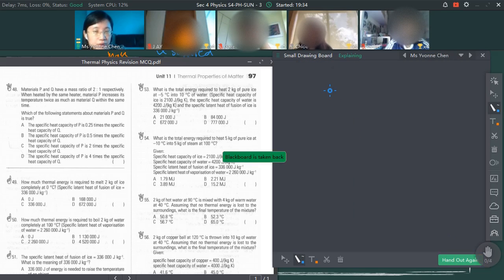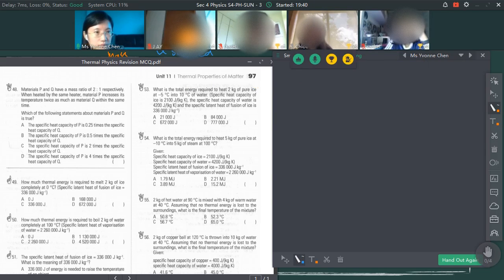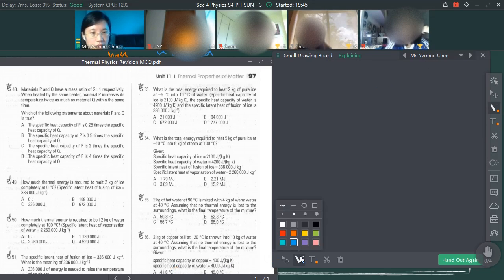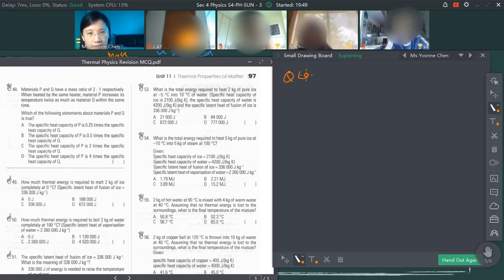I'll do it on my drawing board. You can look at the working. So first of all, for this question, we shall think about which formula we want to use. For calculation questions, there are two main formulas. One is thermal energy, which is also known as heat energy. Q is energy.